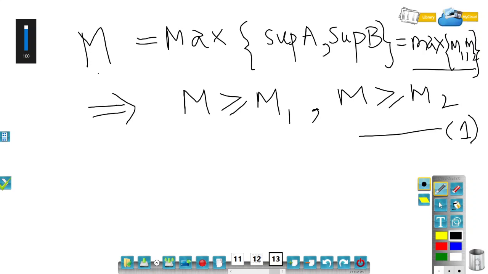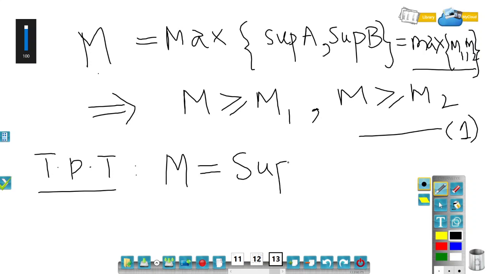To prove that M is equal to supremum of A union B, I need to prove two facts. The first fact is M should be an upper bound of A union B, and the second fact, if I take any upper bound of A union B, then M should be smaller than that upper bound.